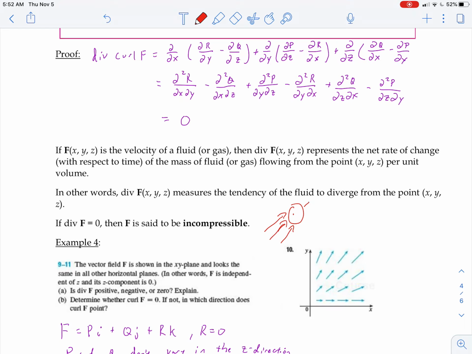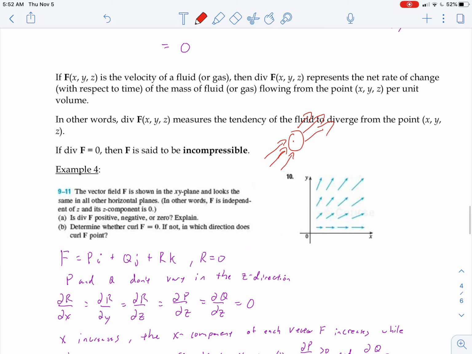Now, if it's the same, as fluid goes into the neighborhood and you're getting the same length in these vectors leaving, then the divergence would be 0, because no more or less is leaving than entering. The net displacement is still going to be the same, so the divergence is 0 and the field is said to be incompressible. And what if some comes in, but then more leaves as you go through the neighborhood?